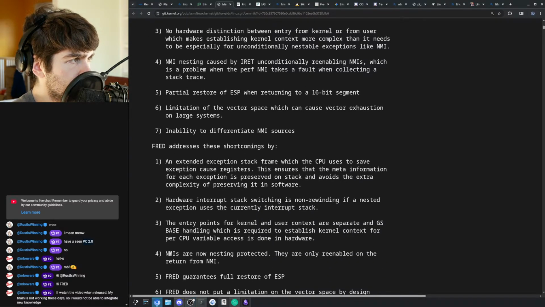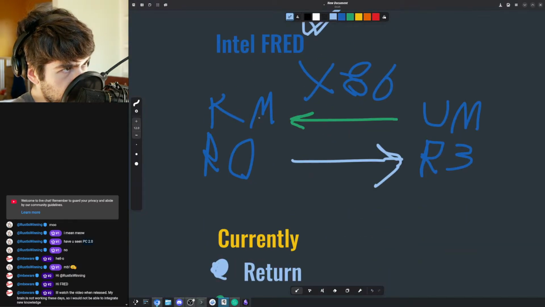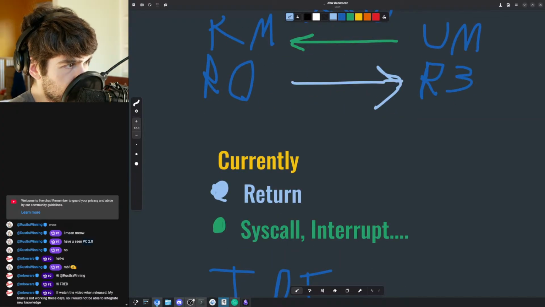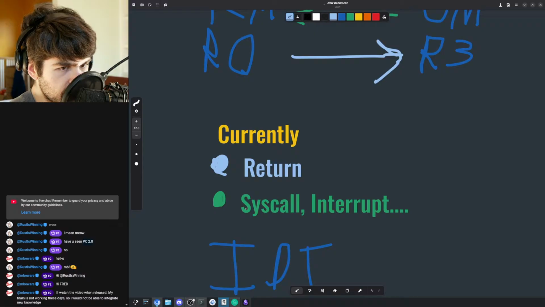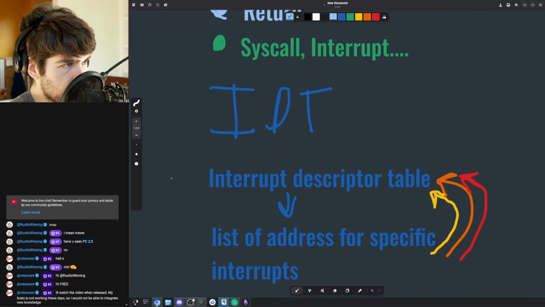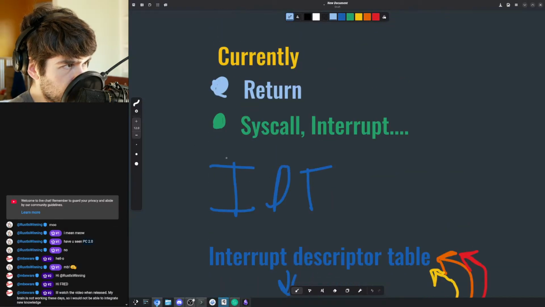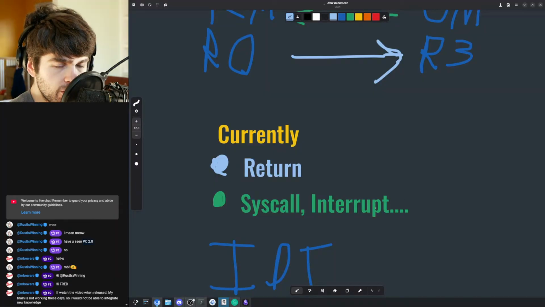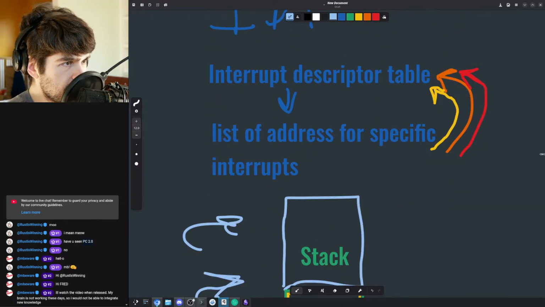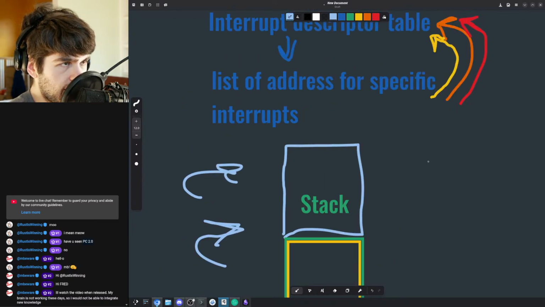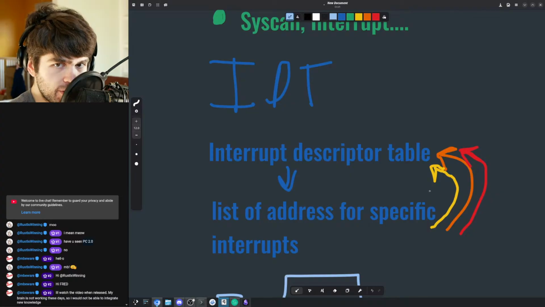That's fair. I'll still TLDR you in, okay? So, when we switch from kernel mode to user mode, or the other way around, we use things like return, syscalls, interrupts. Now, the issue seems to be that the IDT, the interrupt descriptor table, is used for most of these things, which is garbage, because it means that we have spaghetti code where an interrupt calls another interrupt that calls another interrupt, and that loses a bunch of data in between.